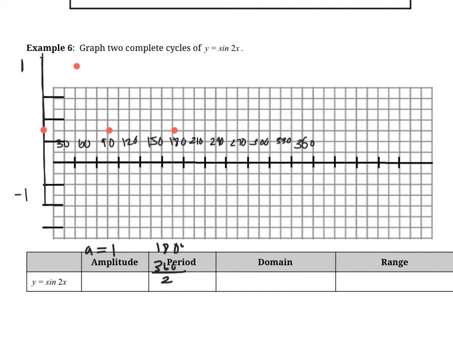So we're going to put a dot at 135 and -1. And we're ready to connect the dots. We're going to connect it with a smooth curve, and then we're going to do the same thing for our second cycle. So continue the pattern yourself and draw a second cycle.